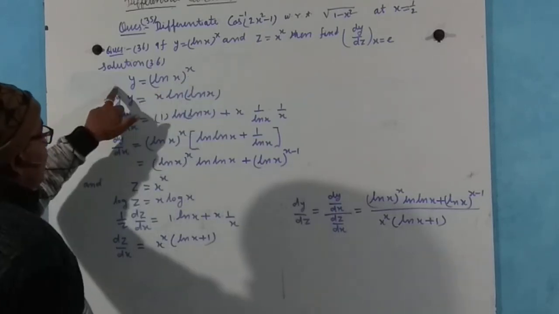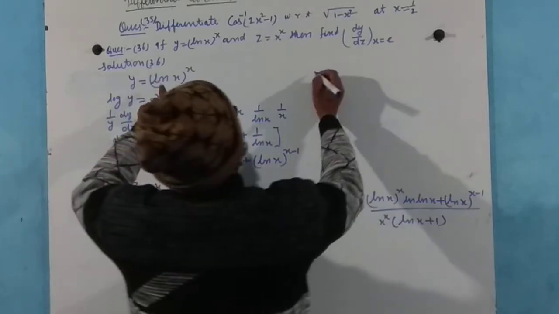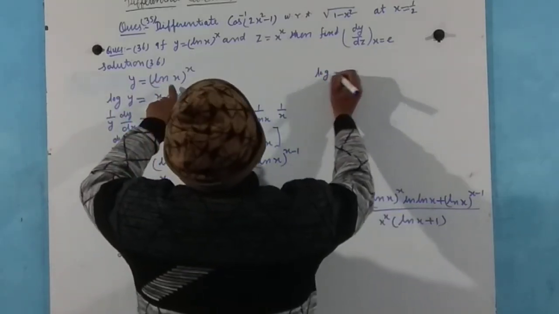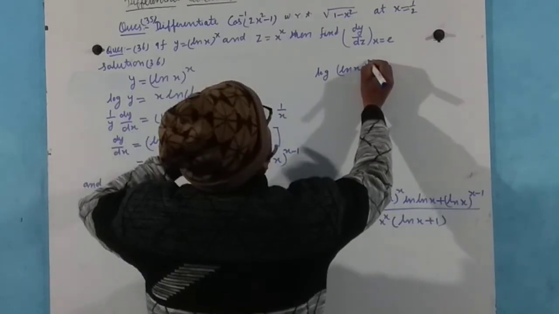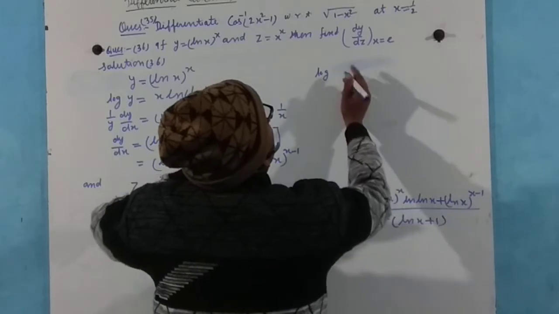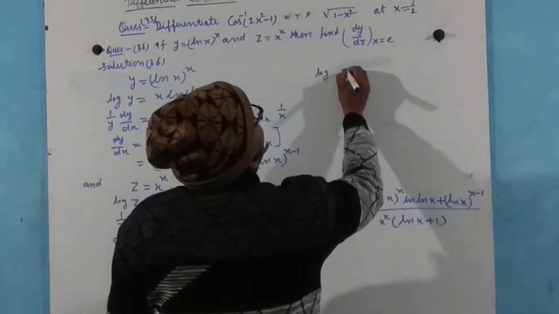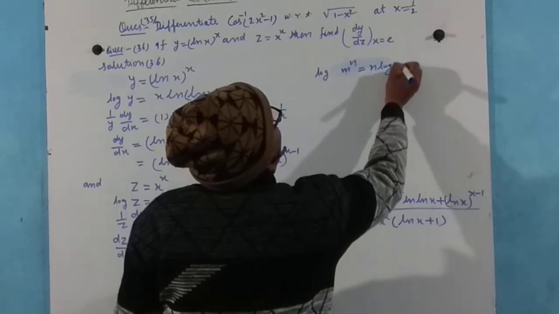Taking log both sides, log y equal to log of (log x) to the power x. Now as you know that log m to the power n equal to n log m.